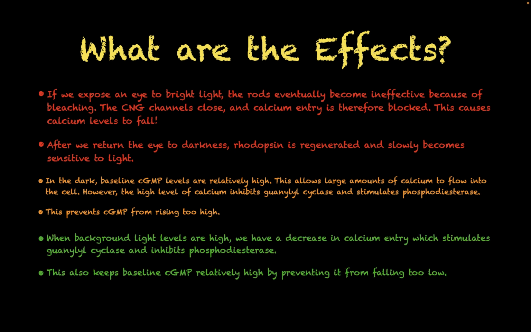Now in the light, so when there's a lot of background light, basically what we're going to see is a decrease in calcium entry due to that visual transduction pathway. And this is going to stimulate the guanylyl cyclase enzyme and inhibit phosphodiesterase. This also is going to keep baseline cyclic GMP levels high by preventing it from falling too low. So in both cases, cyclic GMP baseline levels are going to be kept relatively high.